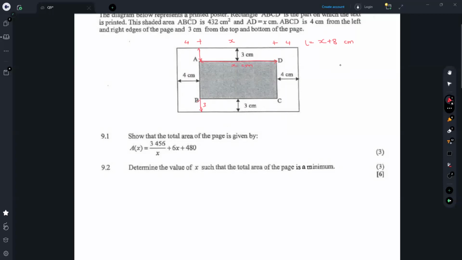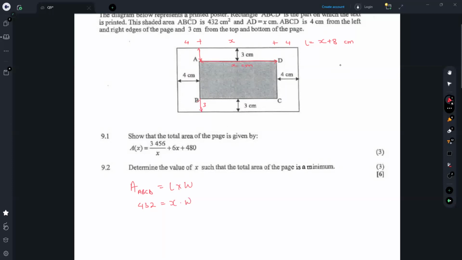Now let's calculate the length of that side. We're given that the area of ABCD is equal to length times width. So we're given this value of 432 equal to, and now you can take one of these right here, that would be X, multiplied by its width.